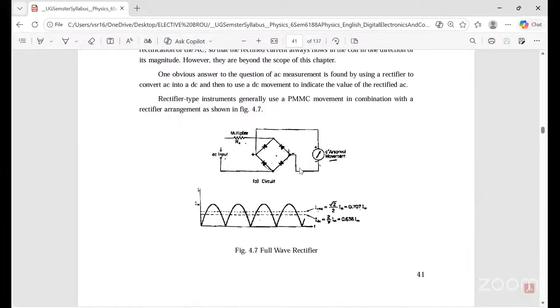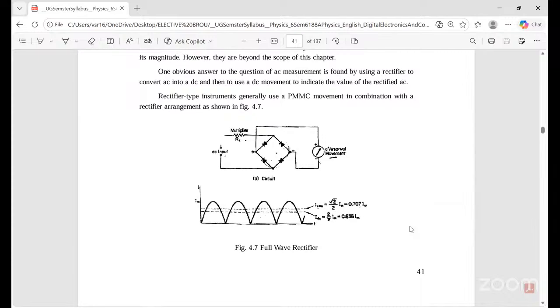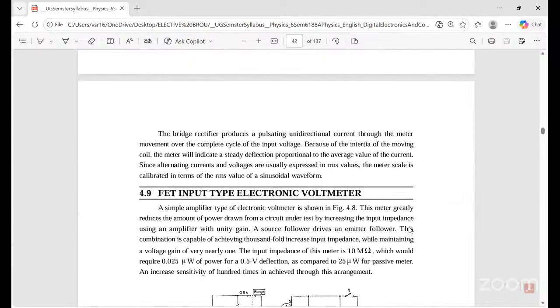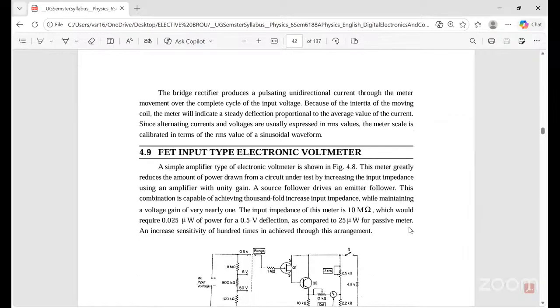So a bridge rectifier, diodes are to be used here, with the I DC value and I RMS value, full wave.